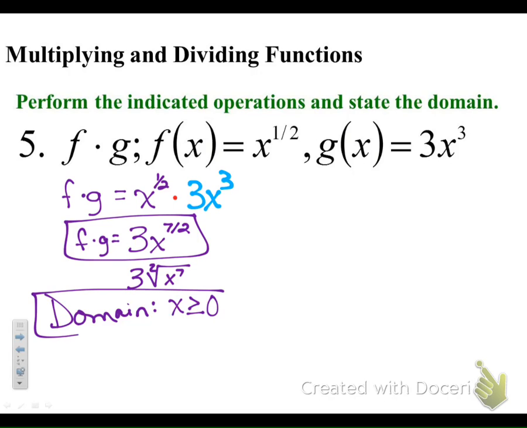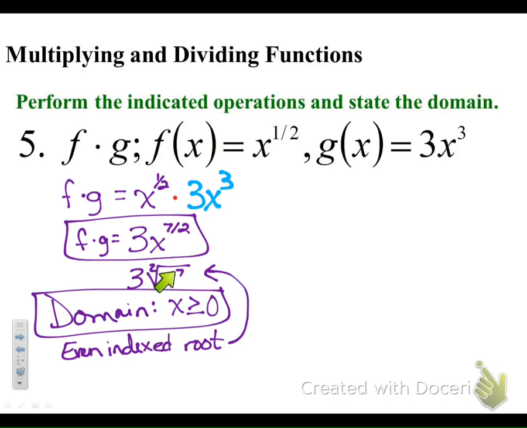Note this special case. Anytime you have an even indexed root, the radicand needs to be bigger than or equal to 0.